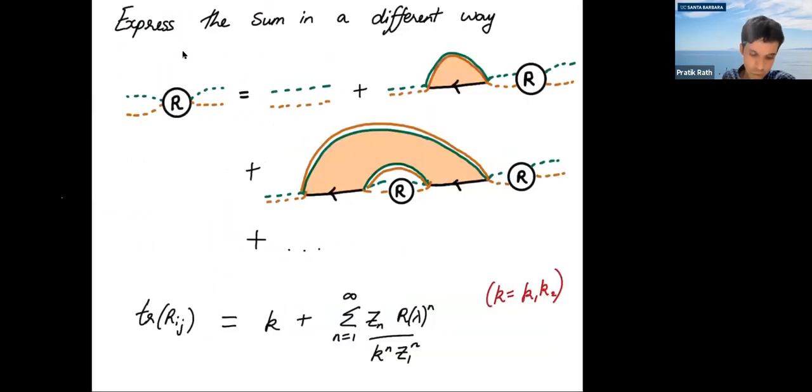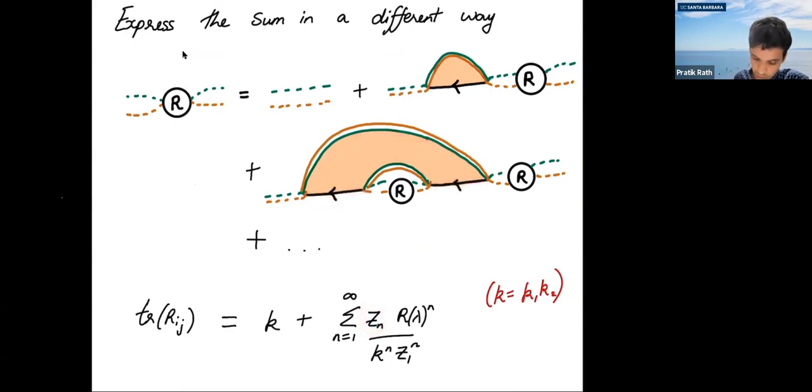Okay, good. So now that we've resummed, we changed the way in which we were doing the sum. Earlier we did the sum over the number of asymptotic boundaries. Now we're doing the sum over the number of asymptotic boundaries in the first connected component. This is a little more convenient because each diagram essentially comes with a power of Zn, which is the partition function with n asymptotic boundaries.